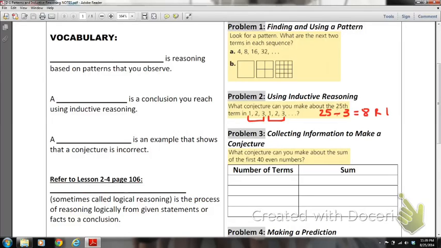So that means since there is a remainder of 1, then it's going to be the first term. So the 25th term will be the number 1 because that is the first term in the pattern.